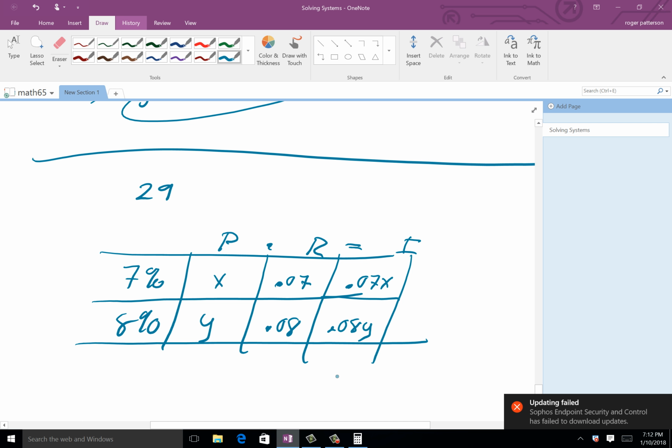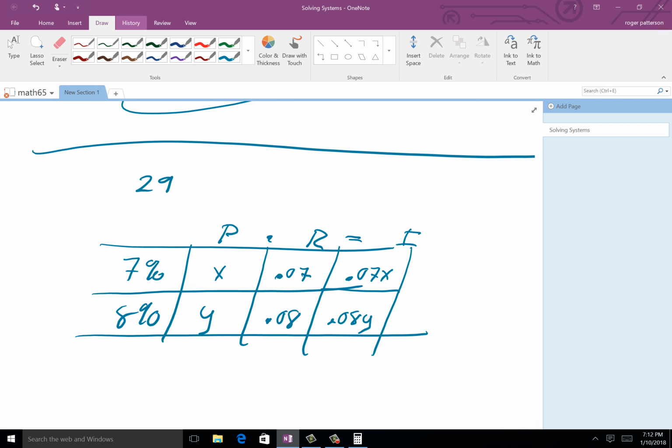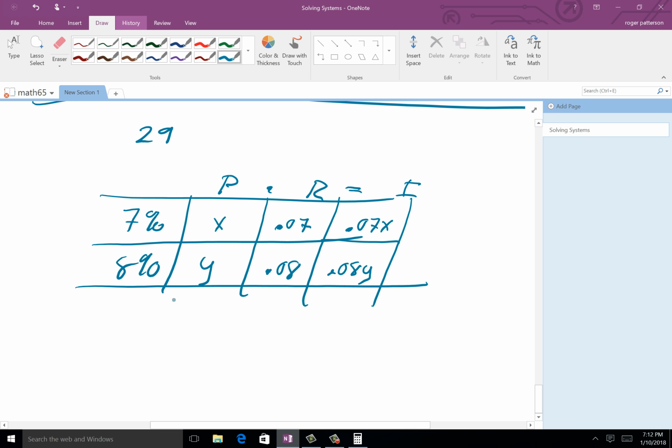So it says you invest $20,000, all right, and 7 and 8%. Total interest is $1,520 after 1 year. So here's what we're going to do. Since X and Y is how much we're investing, I'm going to put $20,000 right there.